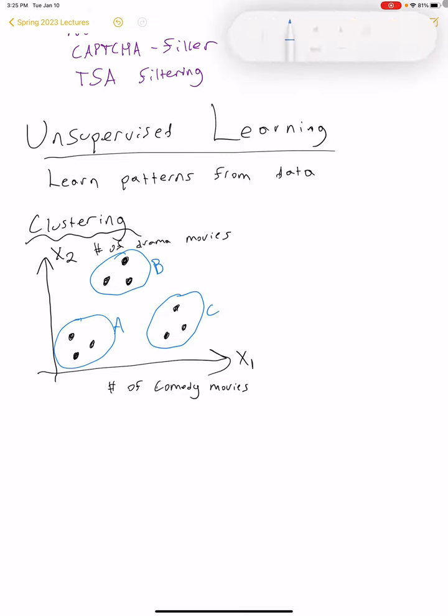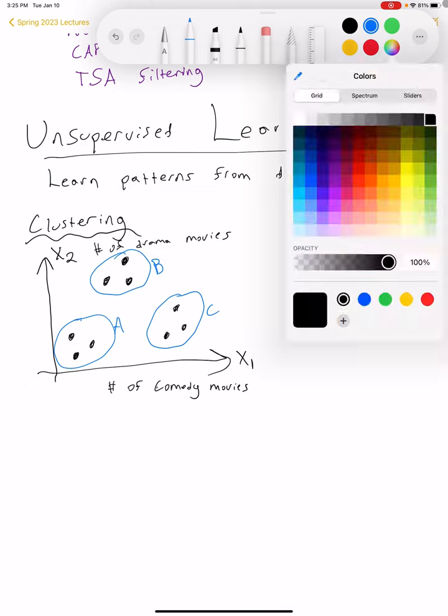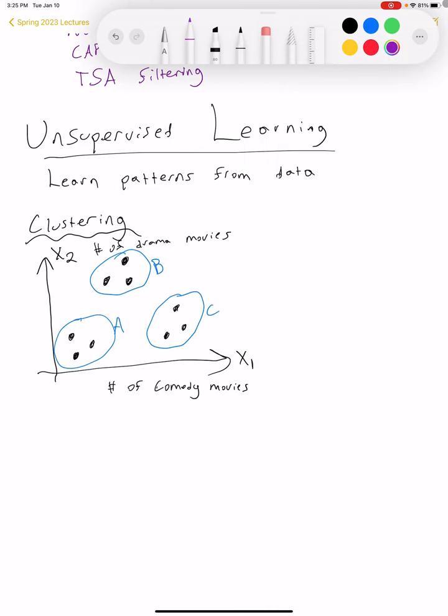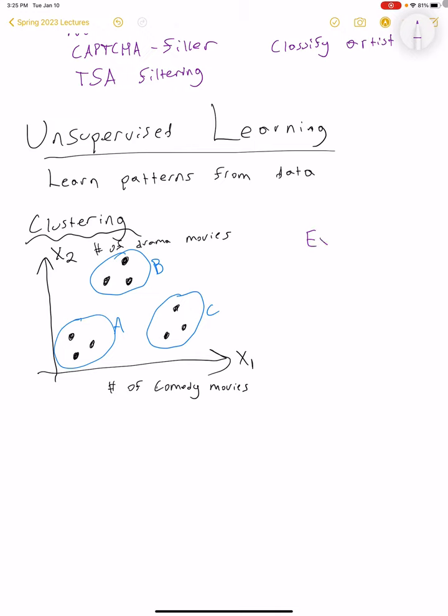Can someone give me other examples of clustering in the real world? Types of different chips, like Ruffles or Lay's, based off of, I guess, texture of potato. Nice. Just going to say food items.